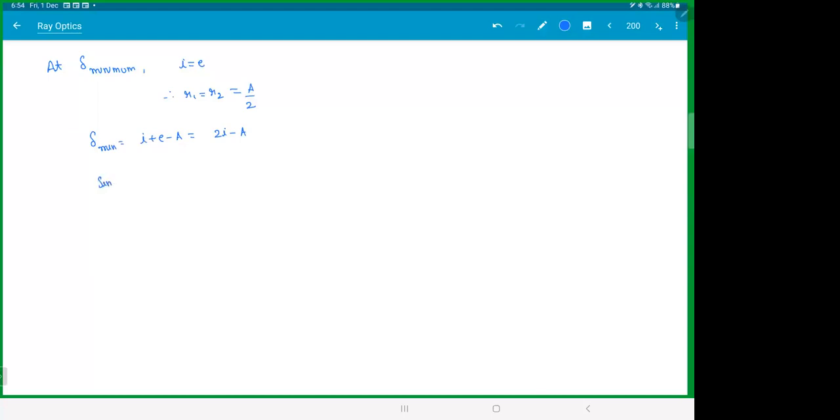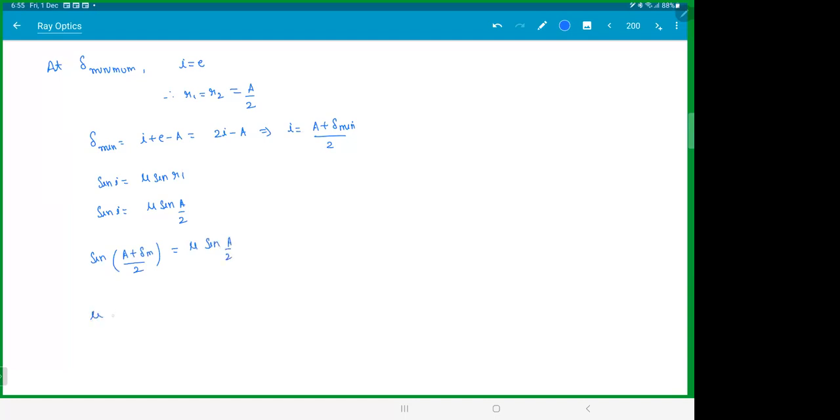And Snell's law, sine I is equal to mu sine R1. This becomes sine I is equal to mu sine A by 2. I will be A plus delta minimum by 2. So this will be sine of A plus delta minimum by 2 is equal to mu sine A by 2.